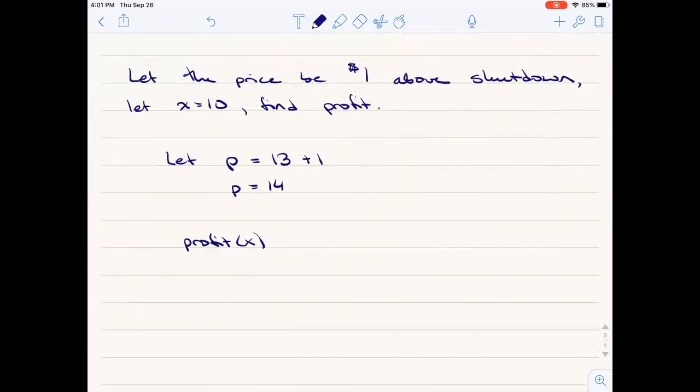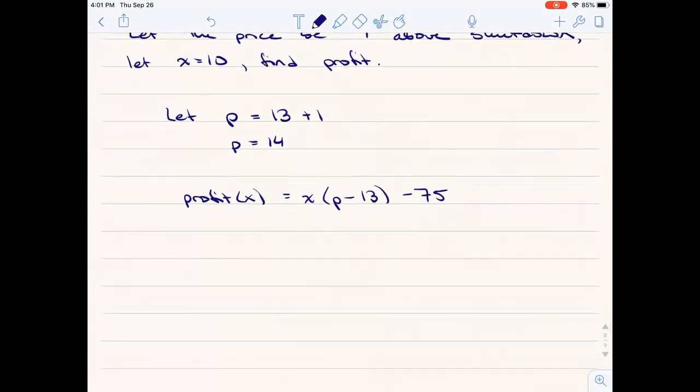So the profit of X is, I'll write it my way, X times P minus 13 minus 75. Just as an extra little thing, what's the fixed cost? Just looking at this, we know the fixed cost is 75. Right.